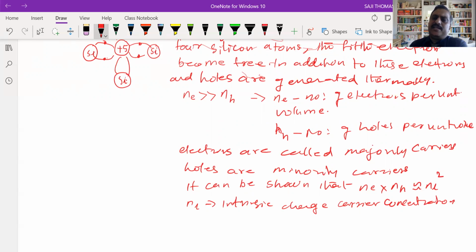The impurity atom added is known as donor impurity. Why is it known as donor impurity? Because the impurity atom donates electrons to the crystal structure. That is why it is known as donor impurity. And the electrons so created are called donor electrons.